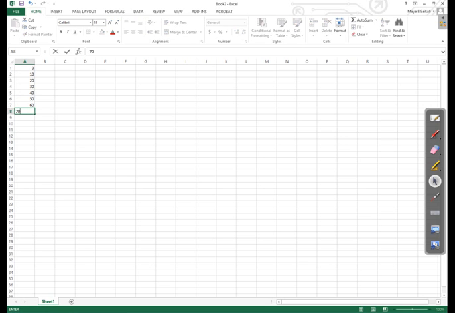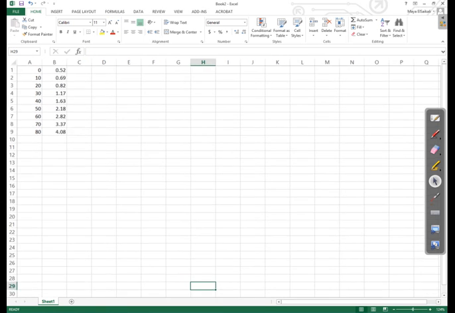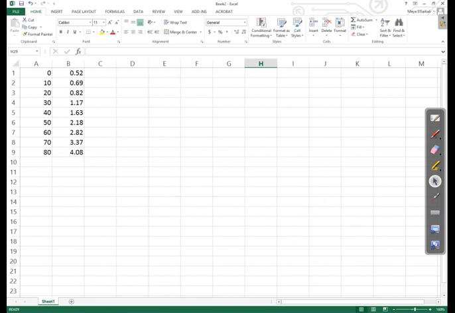Make sure that you enter your numbers correctly. And then as usual, you're gonna highlight, you're gonna go to insert, press on the scatter plot, and pick the first one.